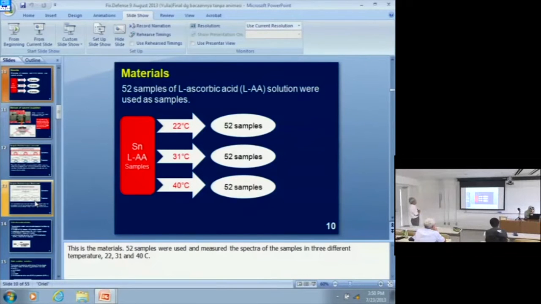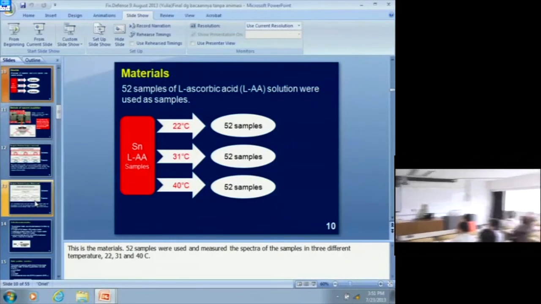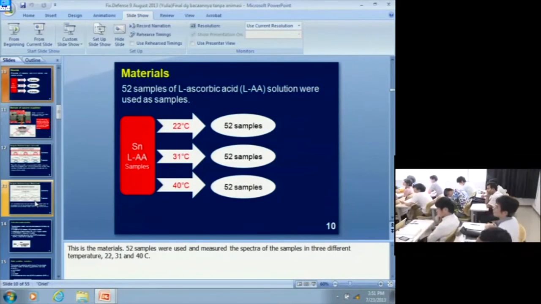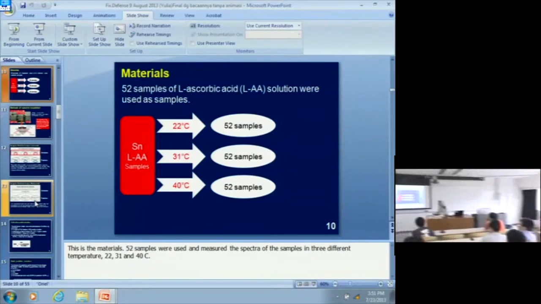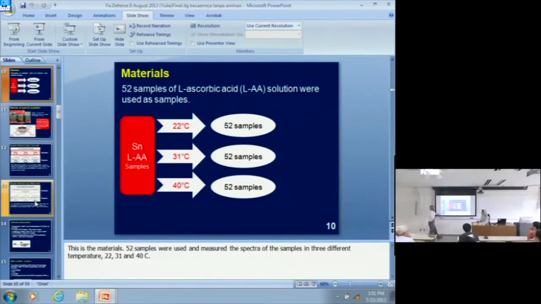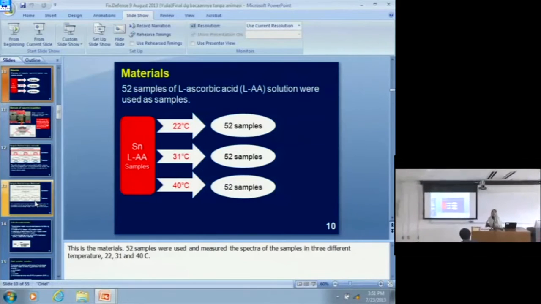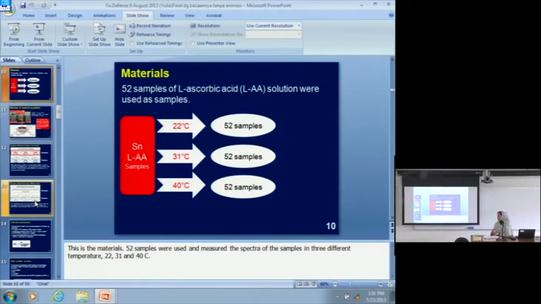And materials. Number of samples. How did you abbreviate into SM?